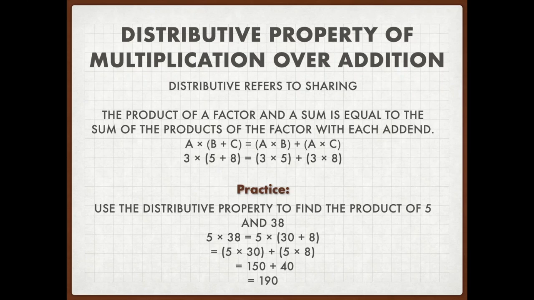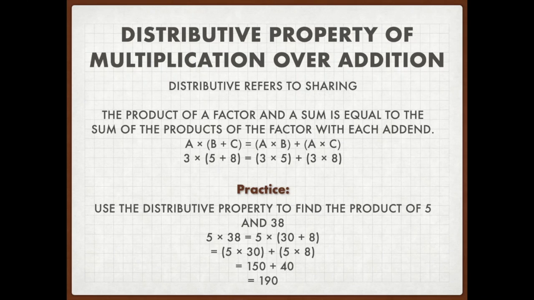Okay, and then there's the little example or the practice down below. The product of 5 and 38. 5 times 38 is the same thing as saying 5 times, in parentheses, 30 plus 8.